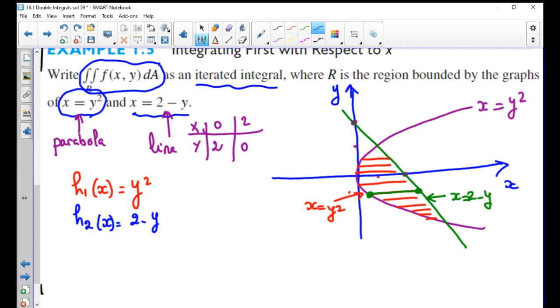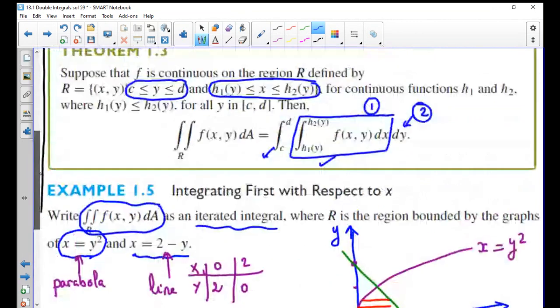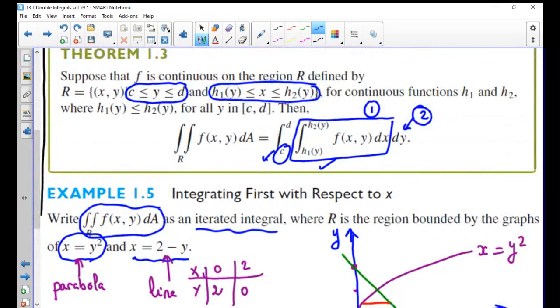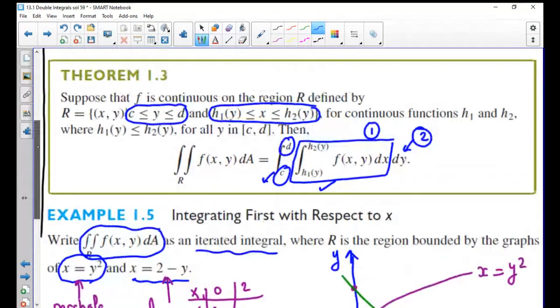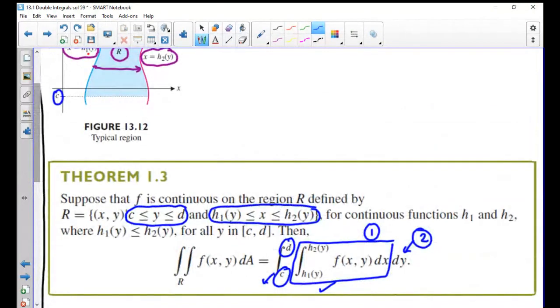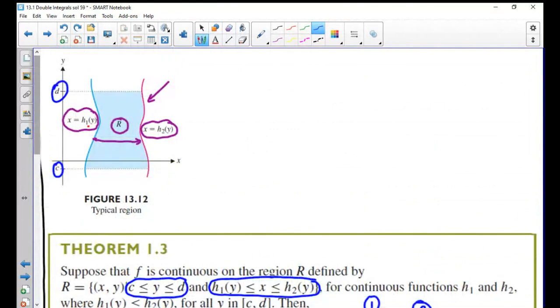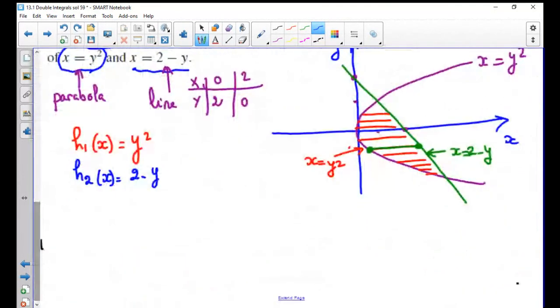Now what do I need now? If you look at the integral, we need to find c and d. This point and this point, like this. All right, so how are we going to get c and d?